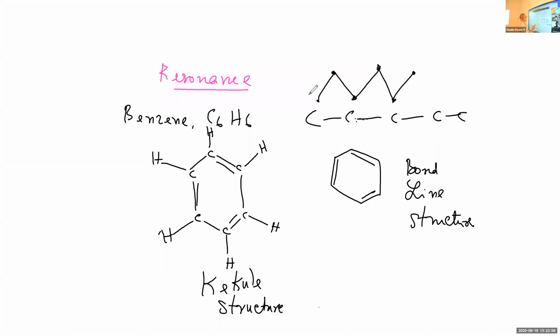So coming back to the Kekulé structure of benzene, it can be shown this way also: alternate double bond and single bond. There is a double bond between the carbon atoms, then a single bond, again double bond, then single bond, like this. That is the structure suggested by Kekulé, and that is approved by us also.